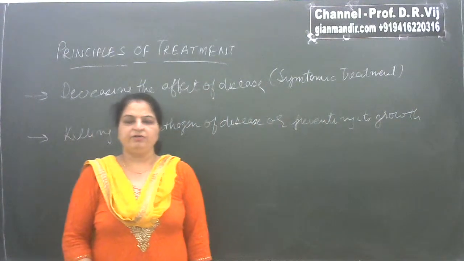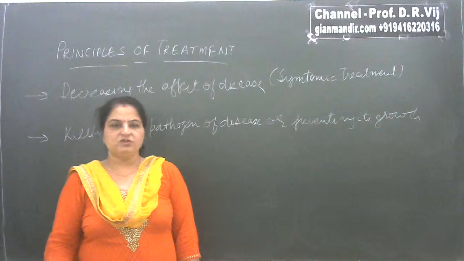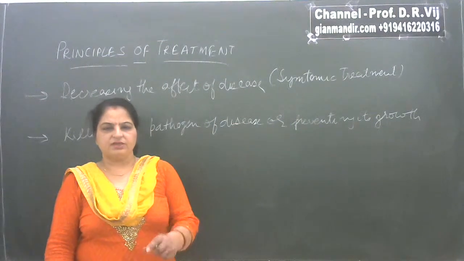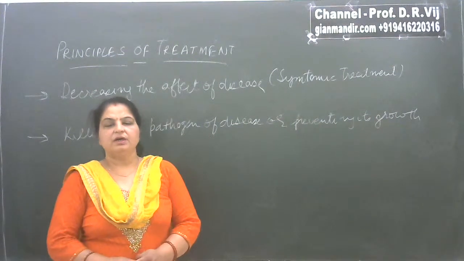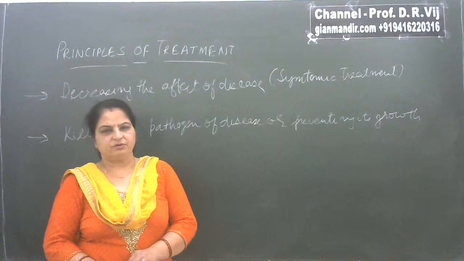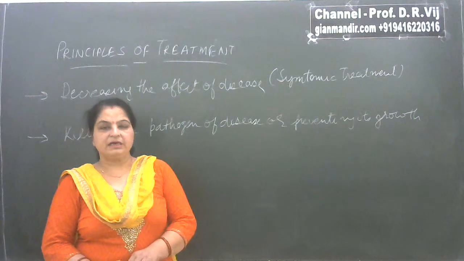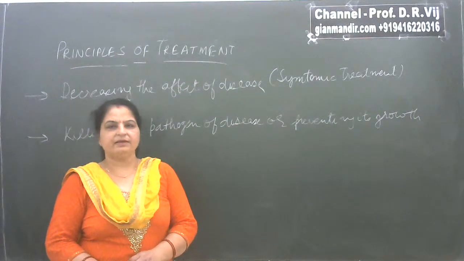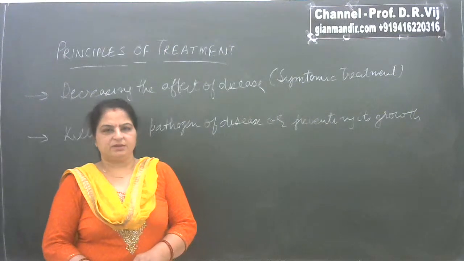So, for every treatment of disease, there are two steps involved. The first of all is to minimize the symptoms of the disease, or to decrease the symptoms of the disease. That is known as symptomatic treatment.